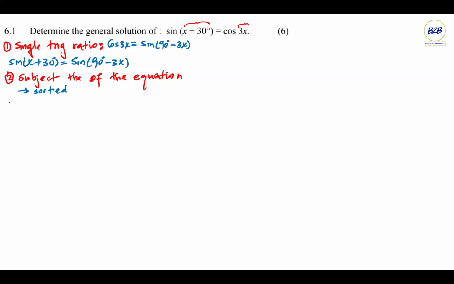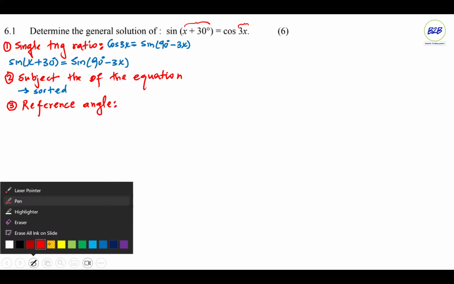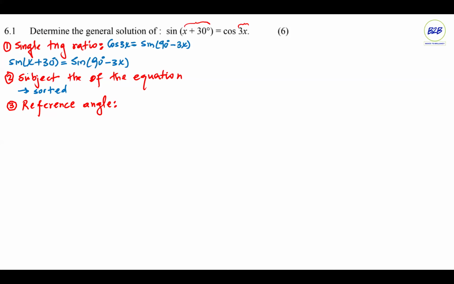And then we will go to the third step. What is the third step? We want to determine our reference angle. In order for us to determine our reference angle, we go back to our equation. We have sine of x plus 30 degrees equal to sine of 90 degrees minus 3x.